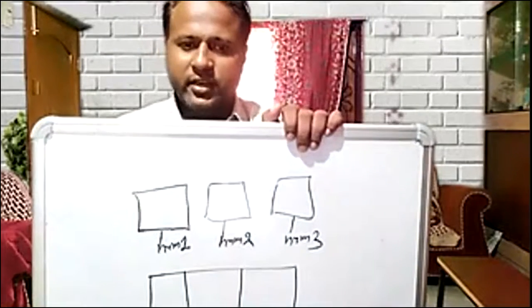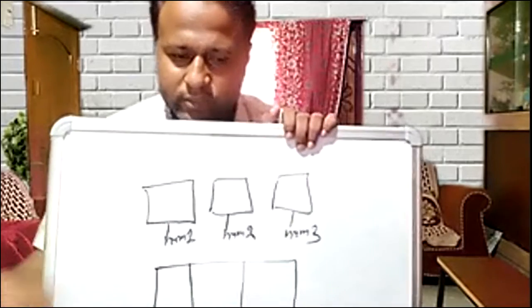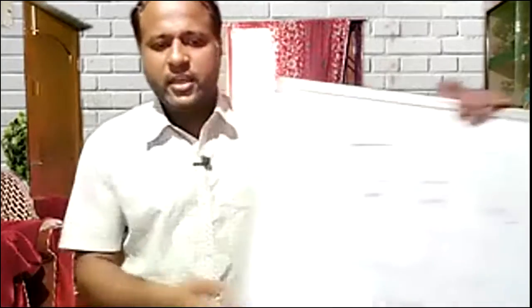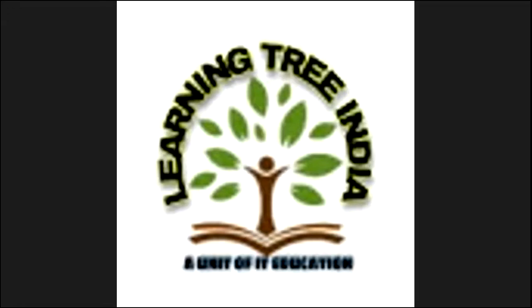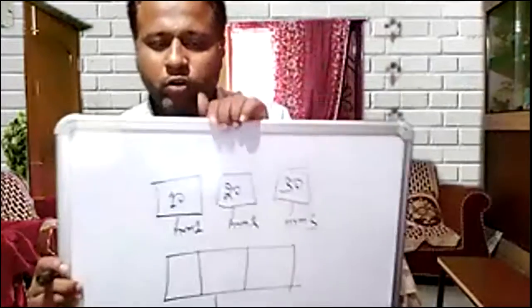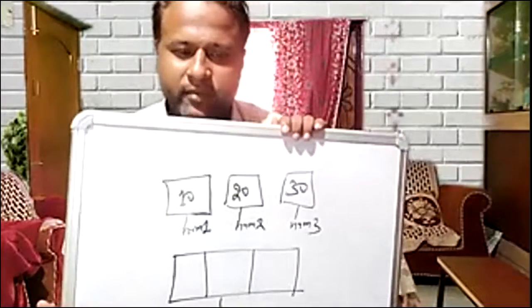So there is a question: when I store these values, suppose in norm1 I store 10, in norm2 I store 20, and in norm3 I store 30.